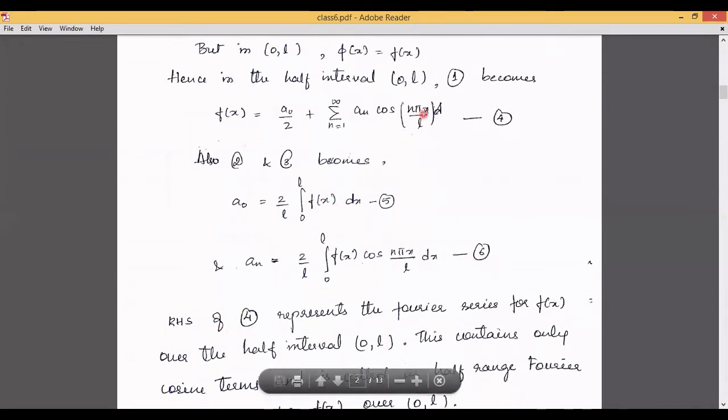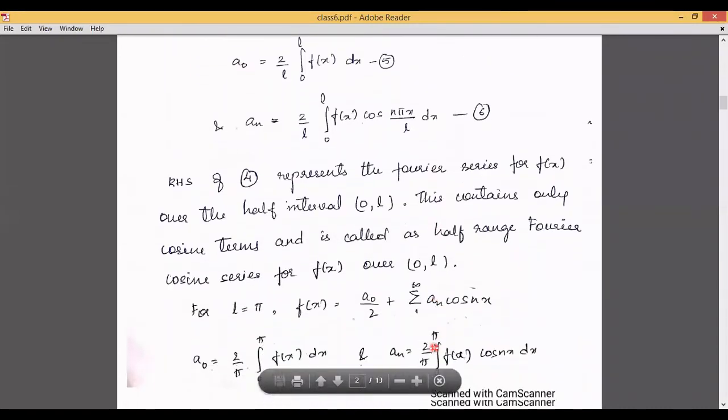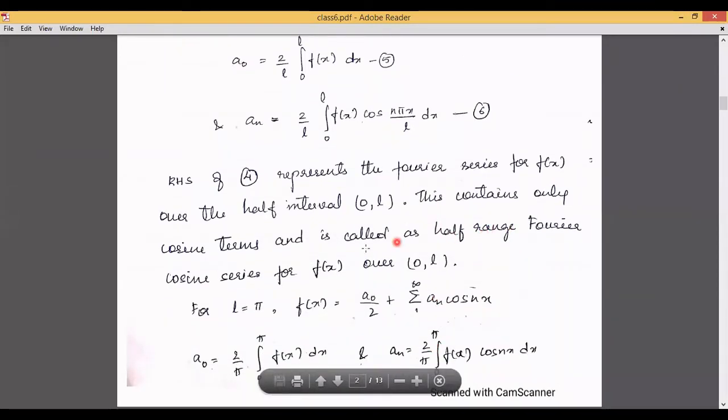And the RHS of equation 4 represents the Fourier series for f of x over the half interval 0, L. And this contains only cosine terms and is called the half-range Fourier cosine series for f of x over the interval 0, L.